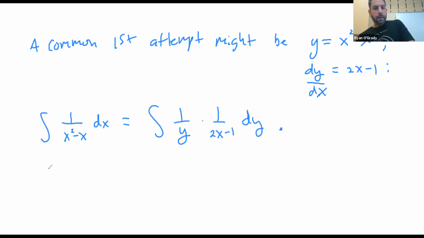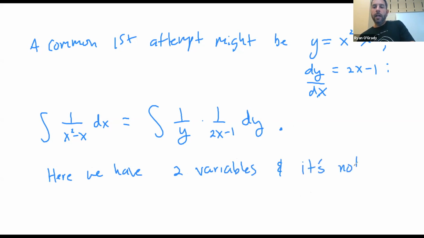So here we have two variables, and more importantly, it is not at all obvious how to, quote unquote, remove one.